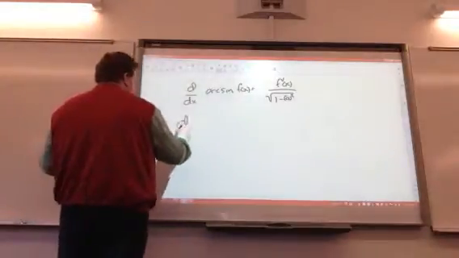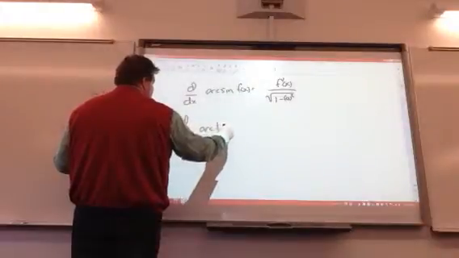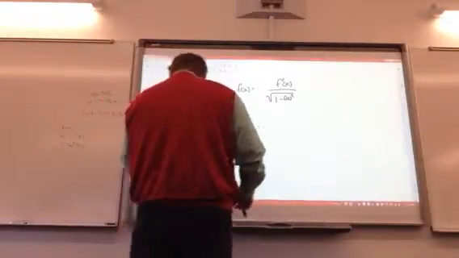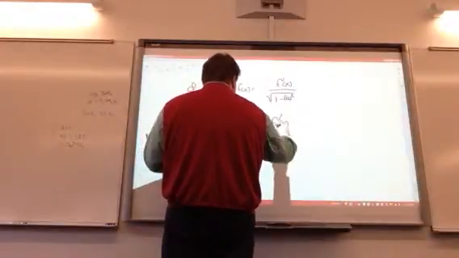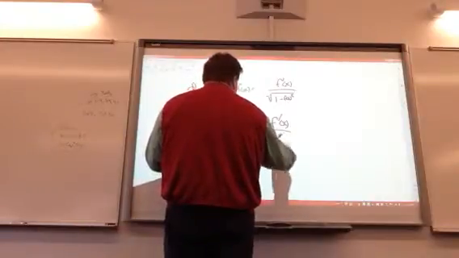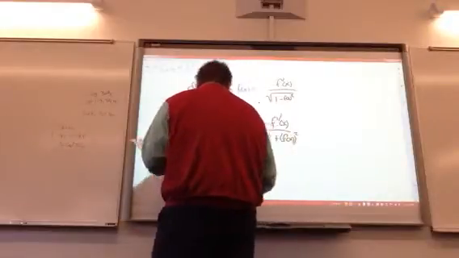The derivative with respect to x of the arc tangent of f of x is equal to f prime of f of x over 1 plus f of x squared.